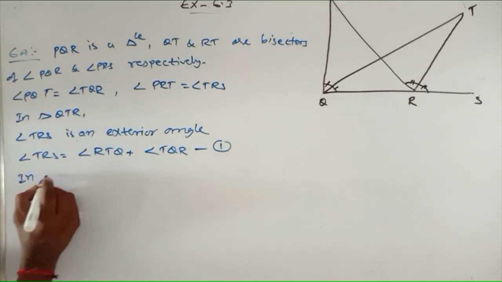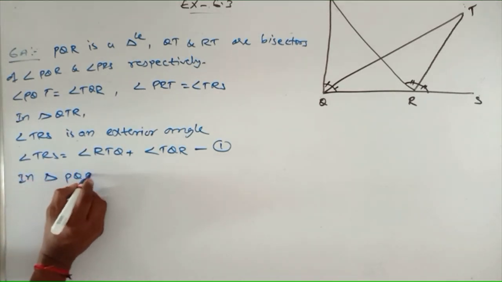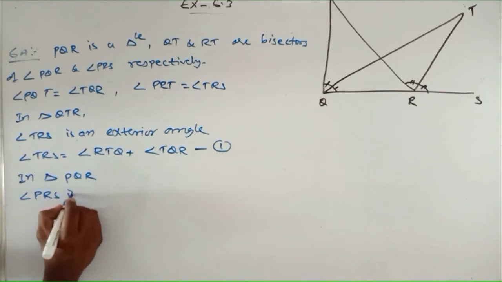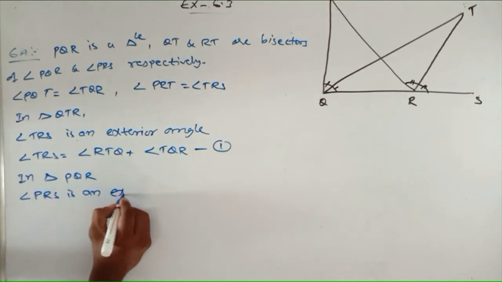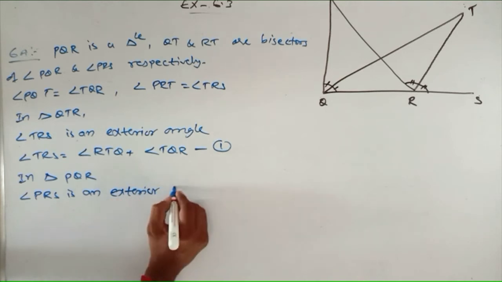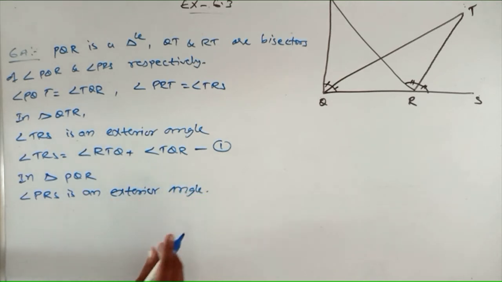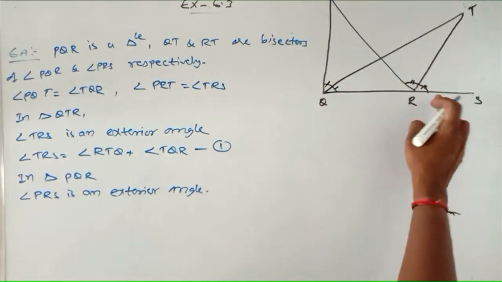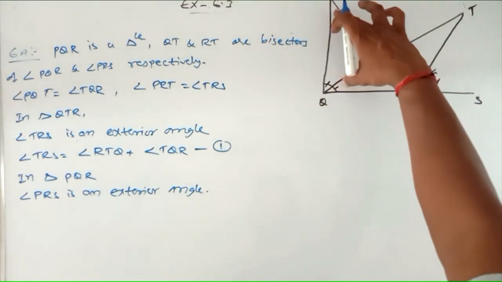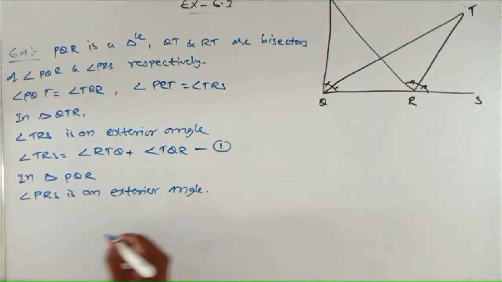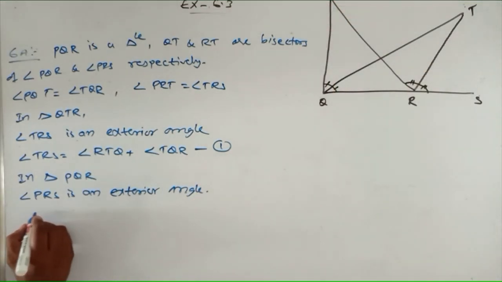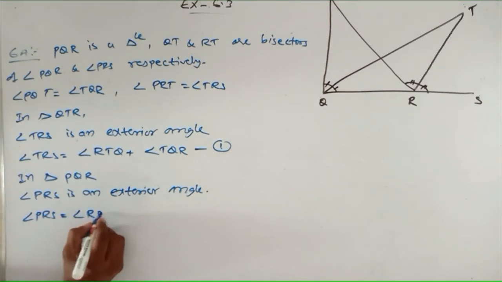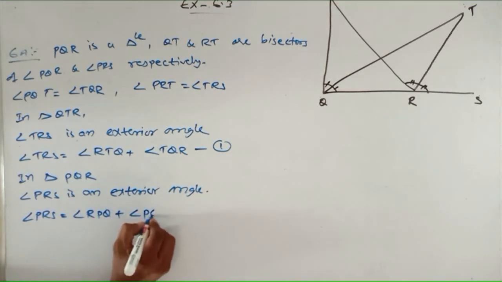In the same way, in triangle PQR, angle PRS is an exterior angle. So PRS is an exterior angle to PQR. That means PRS is equal to the sum of these two angles. So angle PRS is equal to angle RPQ plus angle PQR.